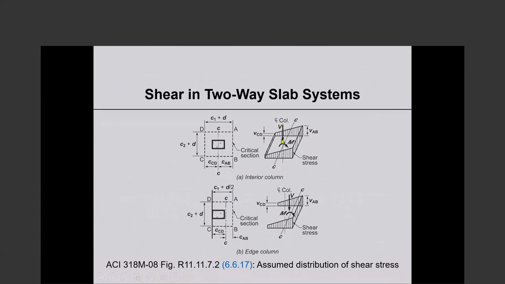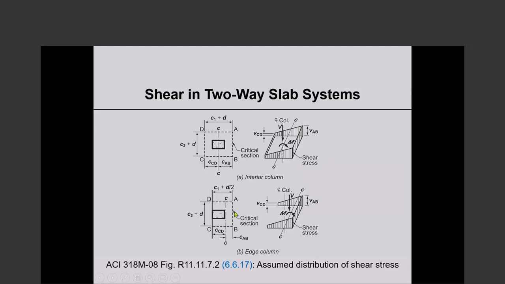So the direct shear causes uniform stresses on the four faces of the critical section, but this unbalanced moment causes additional shear stresses on the right face of the critical section, and takes away from the shear stresses on the left face. So then we are left with this kind of a shear distribution.